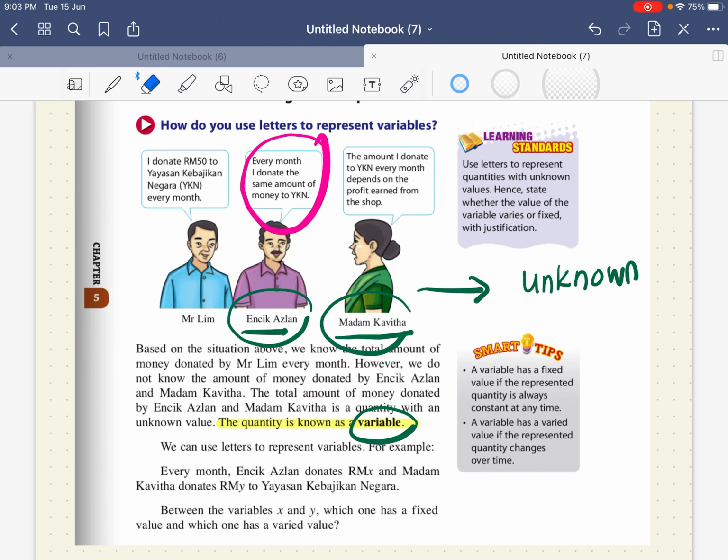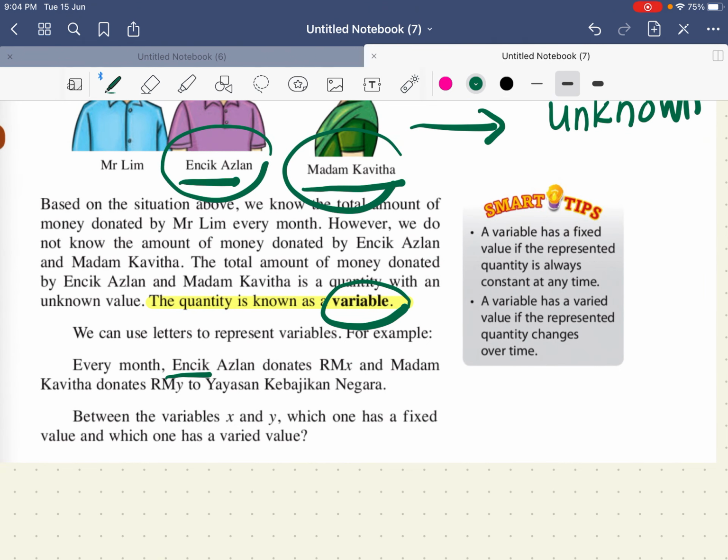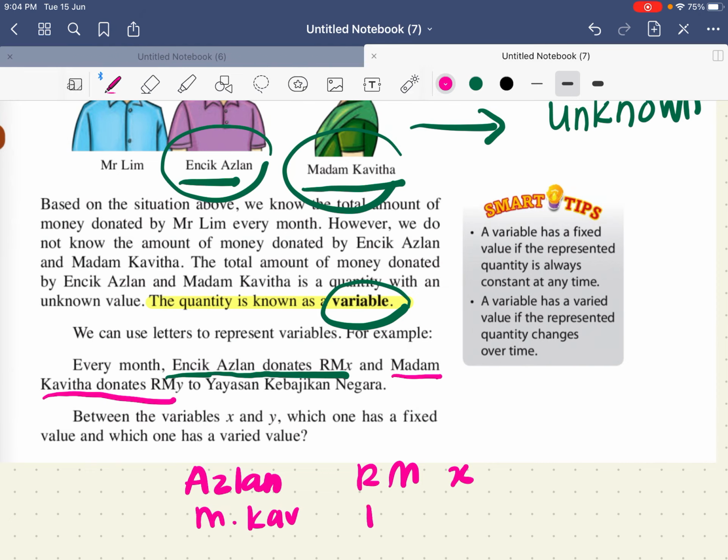Okay. So we can represent the money of Encik Azlan, here it says Encik Azlan donates RMx. Madam Kavita donates RMy. It states like this: Encik Azlan RMx, Madam Kavita RMy.